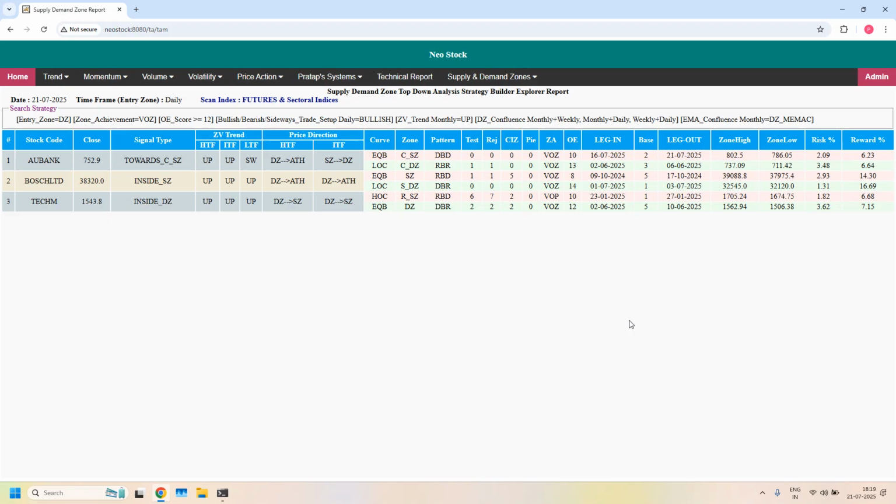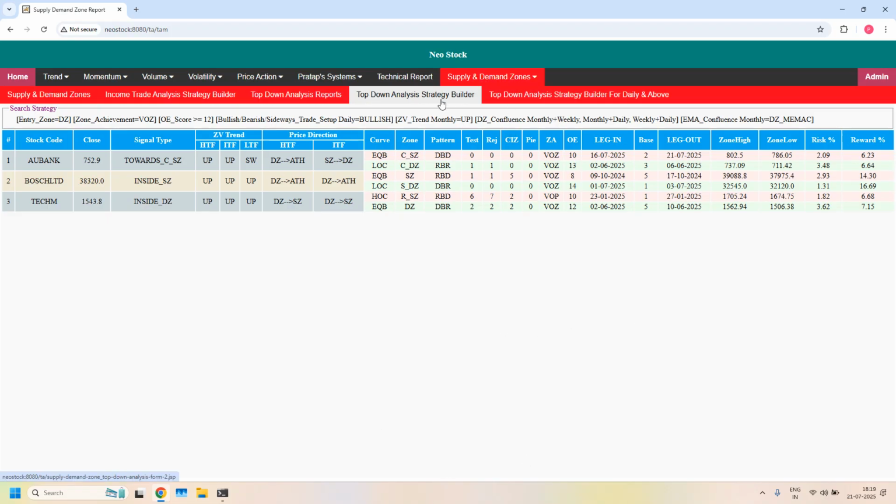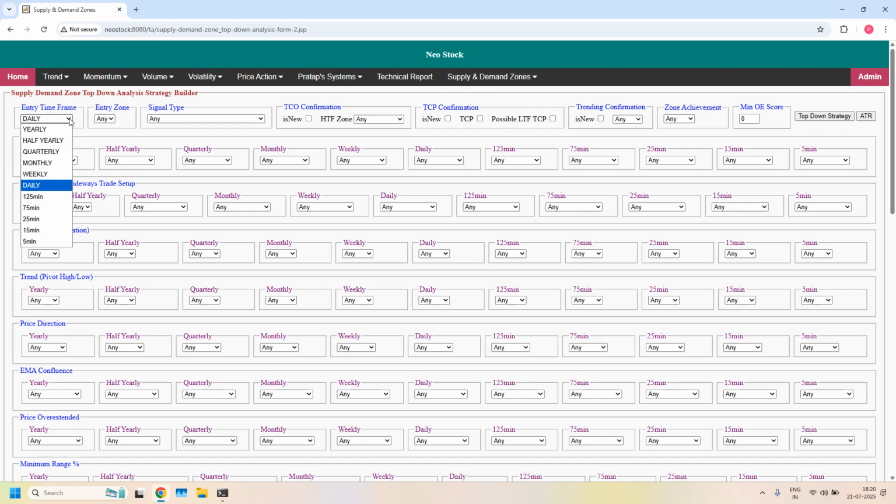Next we will look into the bearish trade setup for monthly income trade. So the entry time frame should be daily for monthly income trade. The entry zone should be supply zone for bearish trade setup, and in the bullish or bearish or sideways trade setup parameter at entry time frame daily, we have to select bearish.